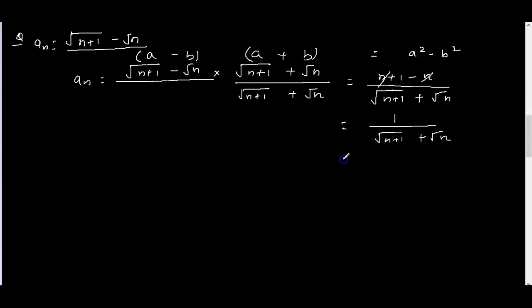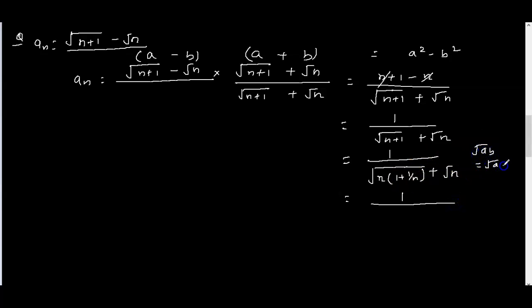So I can check here outside. First, let me check how much the maximum power is there. In the square root, if I do it step by step, 1 plus 1 by n, plus 1 by root over n, right? So 1 upon, this one is just like root over ab. I can write root over a into root over b.